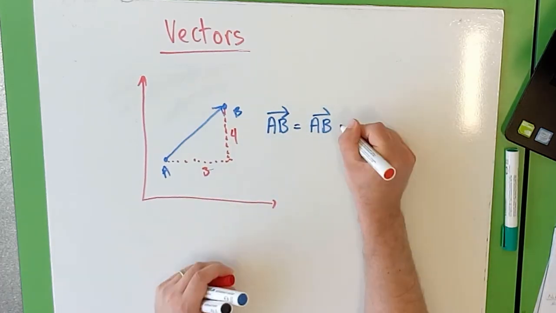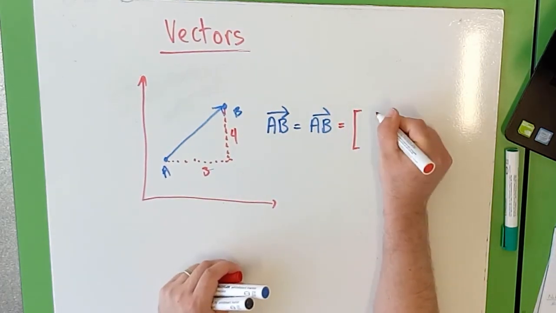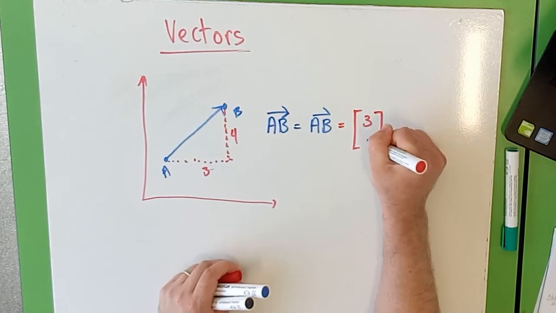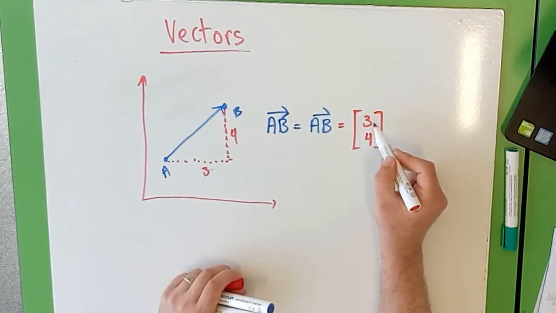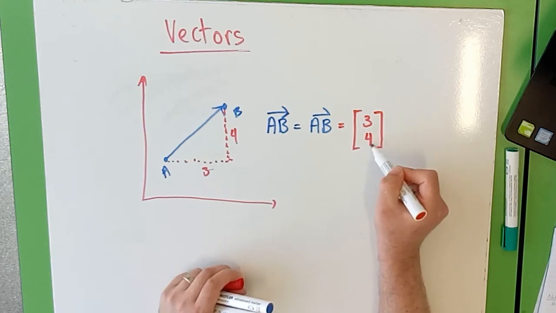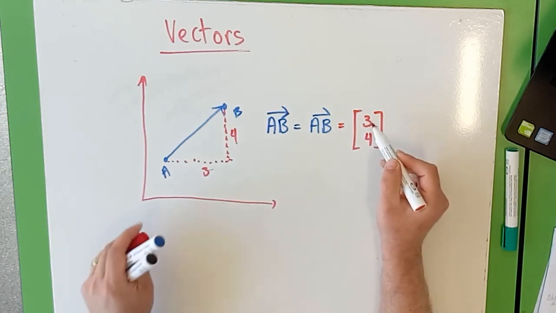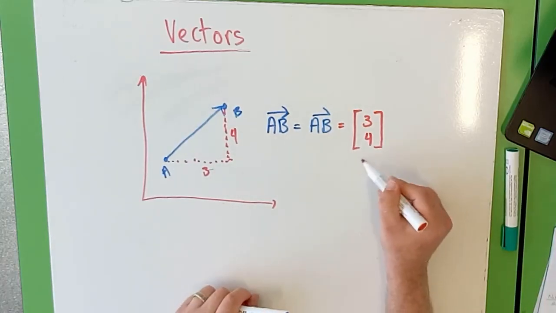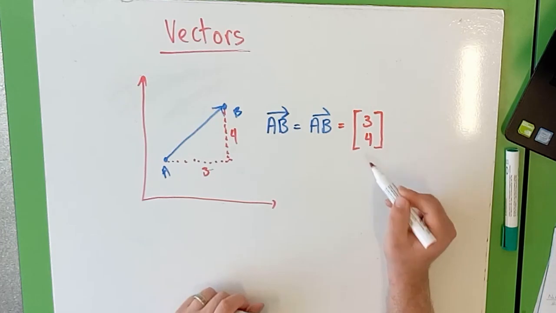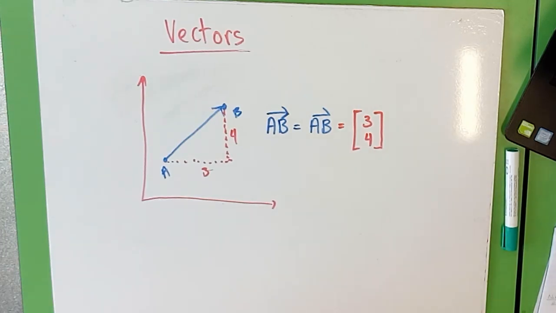We could write this vector as a column matrix 3, 4. That is how far it goes to the left or right, and then how far it goes up or down, so how far in the X direction and how far in the Y direction. If it was 3D, you could have another row here and say how many in the Z direction. You could also go to 4 dimensions and do the same thing.